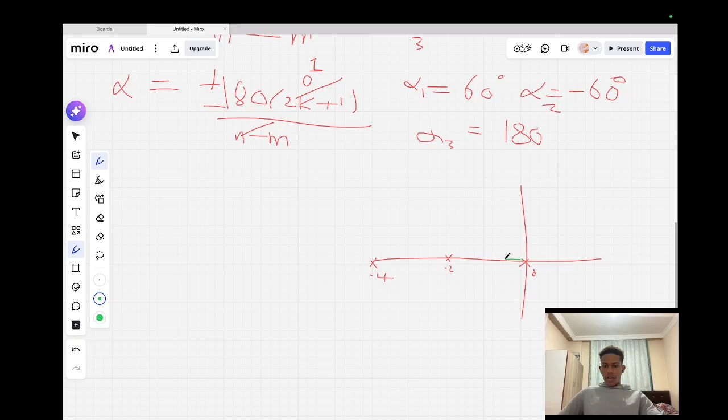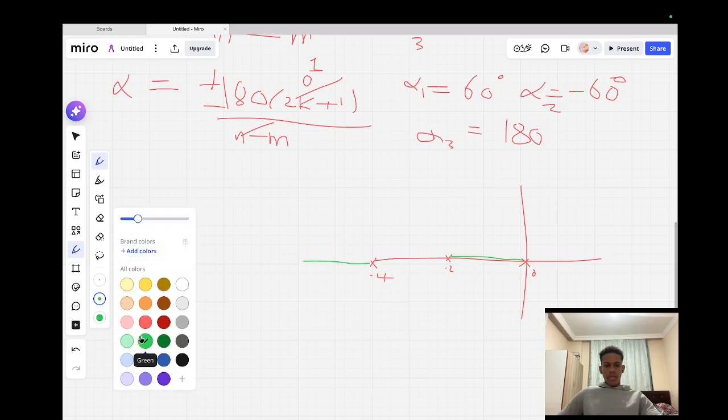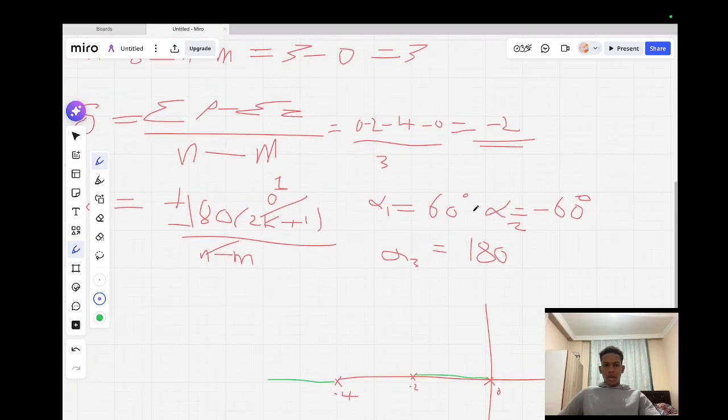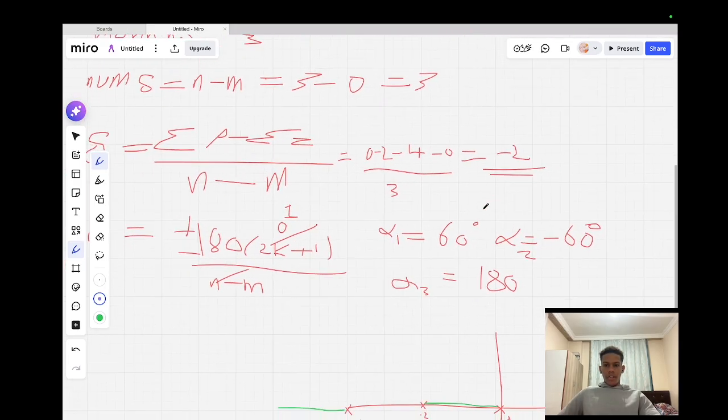Here we have the first branch and the second branch going to infinity.